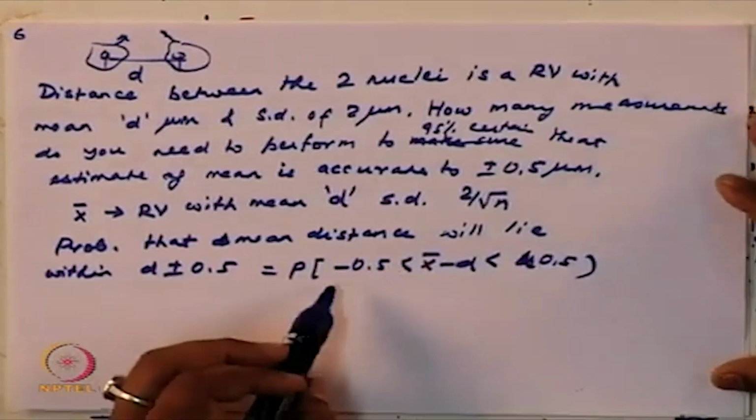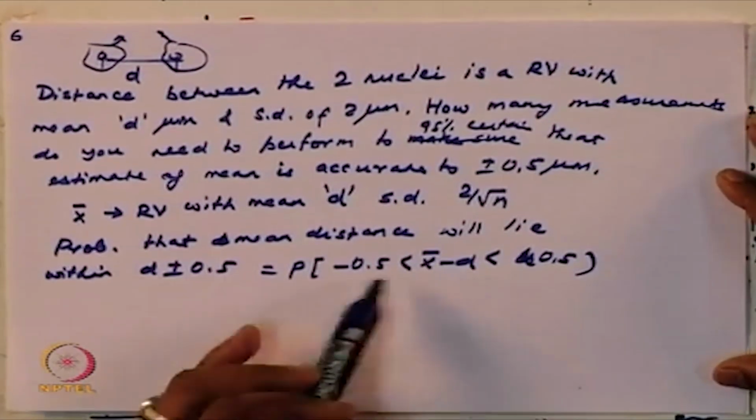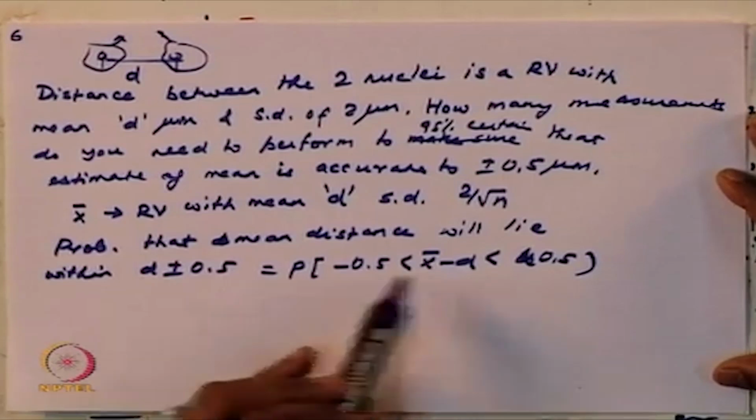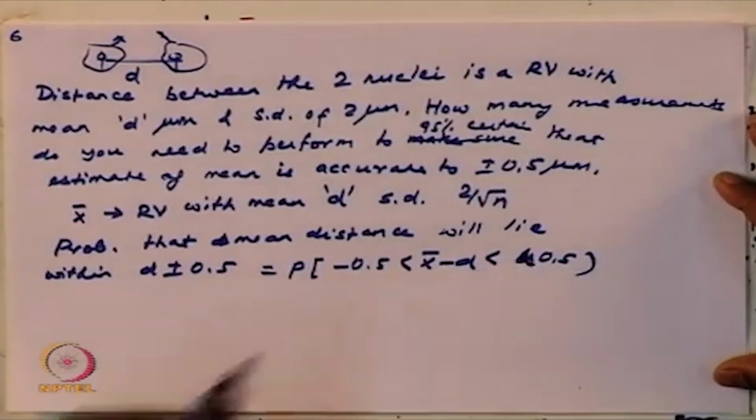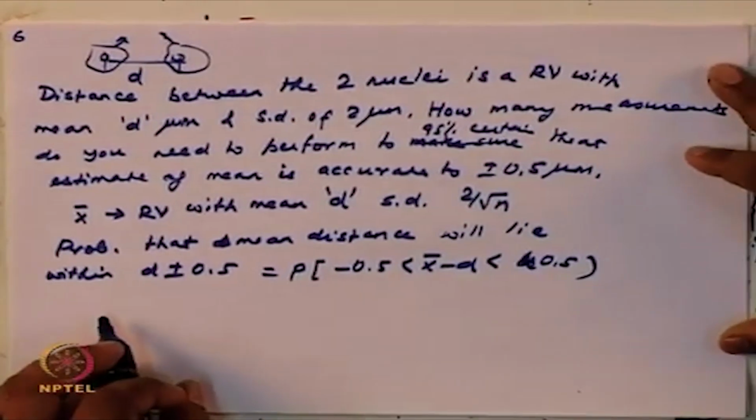So, the mean minus d must lie between minus 0.5 and plus 0.5.